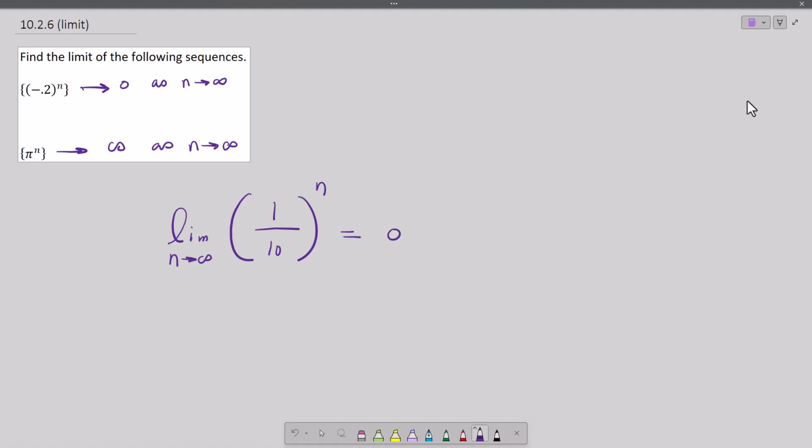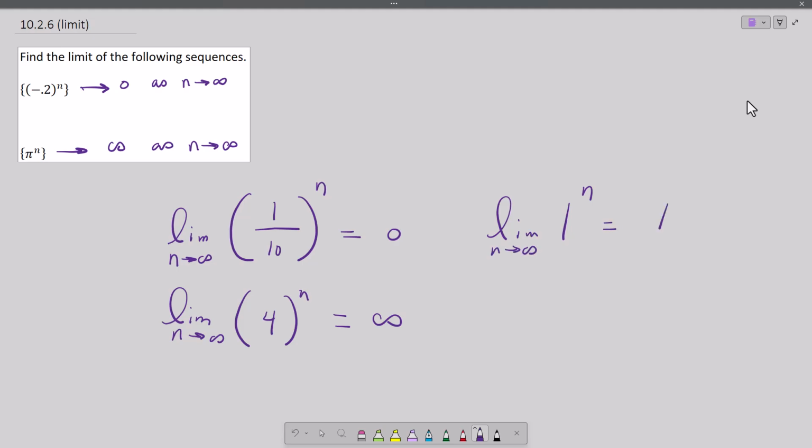But if you take the limit of a constant that's larger than 1, so something like 4, that's going to go to infinity. So bigger than 1, infinity, less than 1, 0. And if the constant were 1, what would happen? So if you have 1 to the n, limit as n goes to infinity, that limit is 1. Because it's 1 times 1 times 1 times 1 times 1.